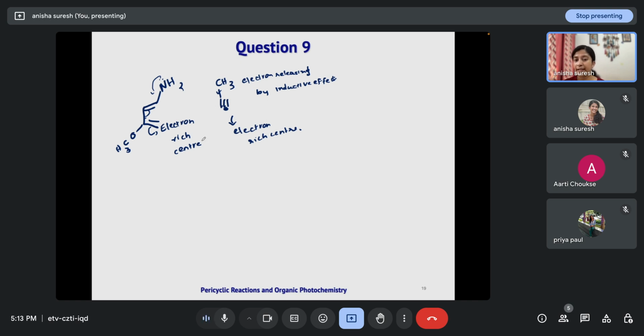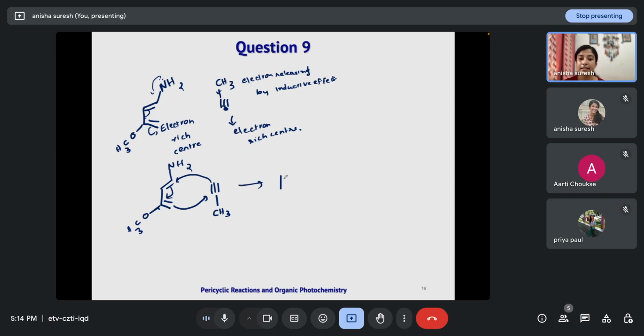Okay. So since these two are electron rich centers, the reaction will be taking place in the other direction. The reaction will take place in this fashion. So this is the electron rich center. This will be electron deficient in this case. So it will attack here. And this is the electron rich center here that will go and attack here.